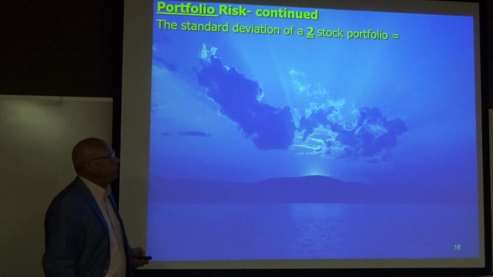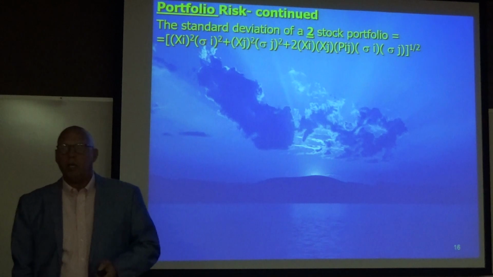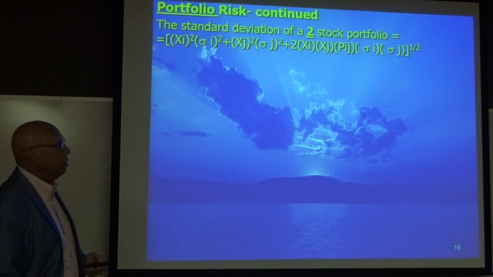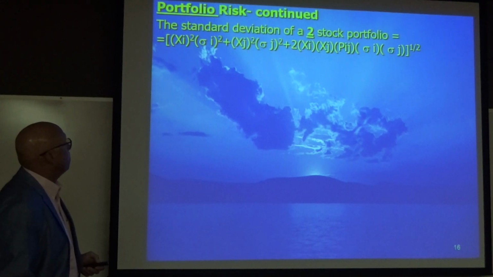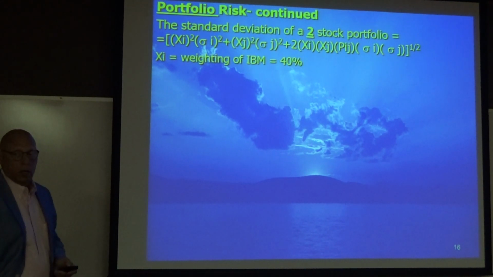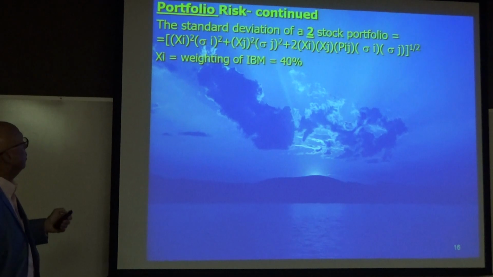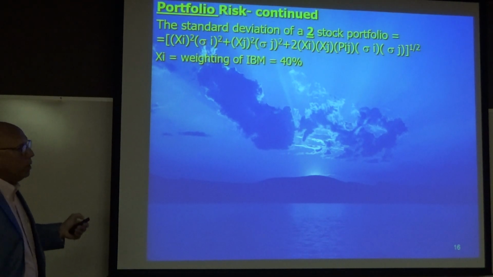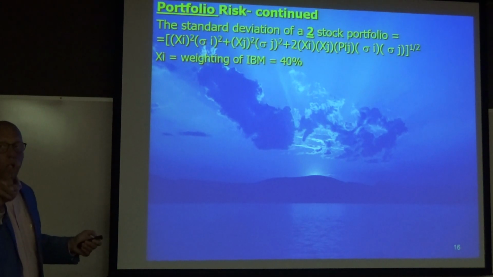All right, so the standard deviation for a two-stock portfolio is equal to, wow, here it is. There's your formula. Let's explain it. So x_i is the weighting of IBM. We have IBM and Walmart.